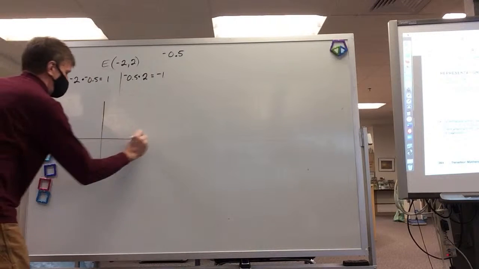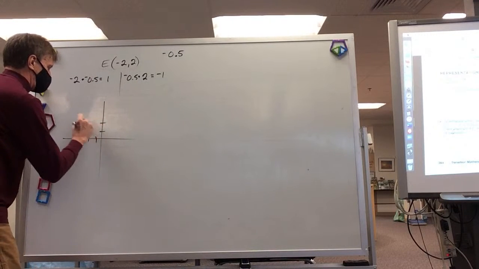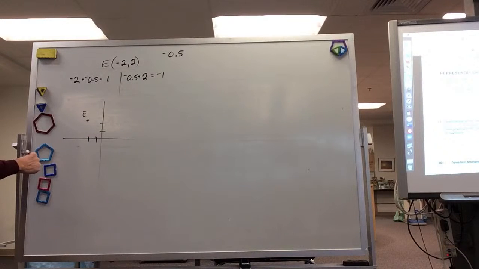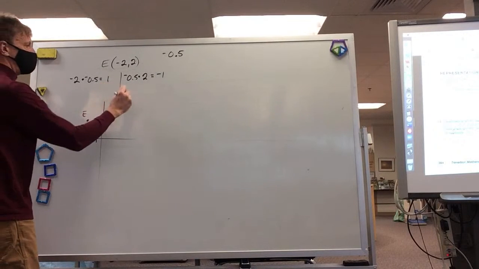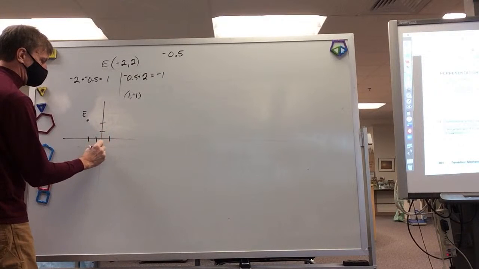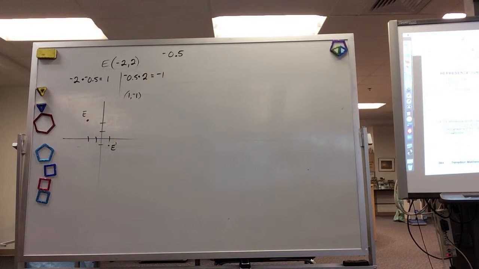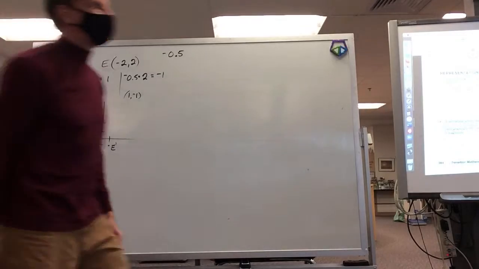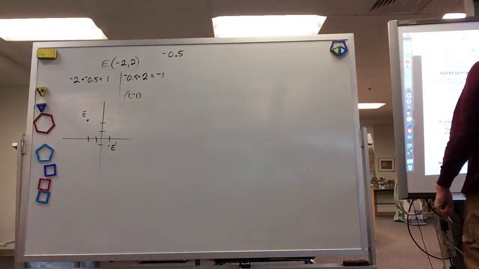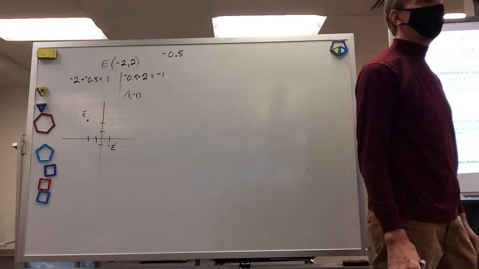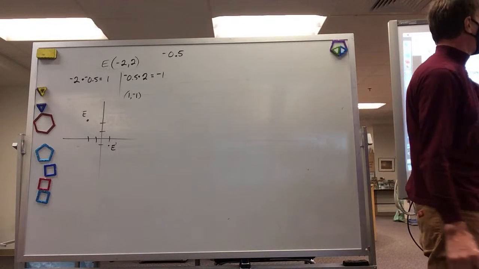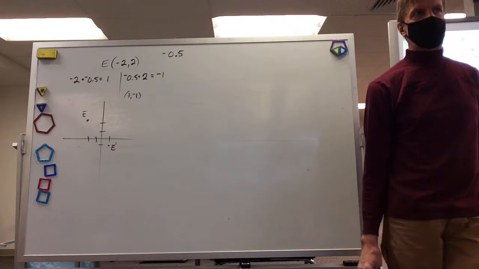So this point, which starts out here, is going to move to here. That's where E prime is going to be. Then you're going to plot that onto here, mark it E prime, and then do the same thing for points N and G.